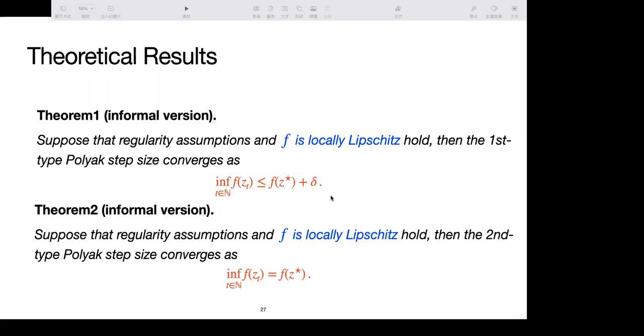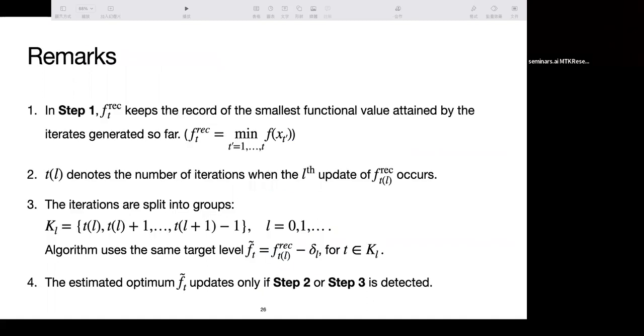So here you highlight that in your assumption f is locally Lipschitz. Does that imply that the main contribution of your work is to relax that assumption, or what? I mean, what is the difference between your theorem and the previous works? Okay. In our theory, we relax the objective function to locally Lipschitz, and our Polyak step size does not require the true optimum value.